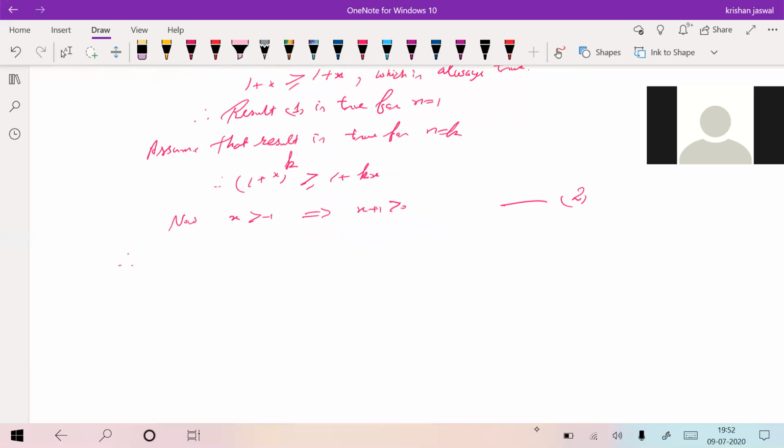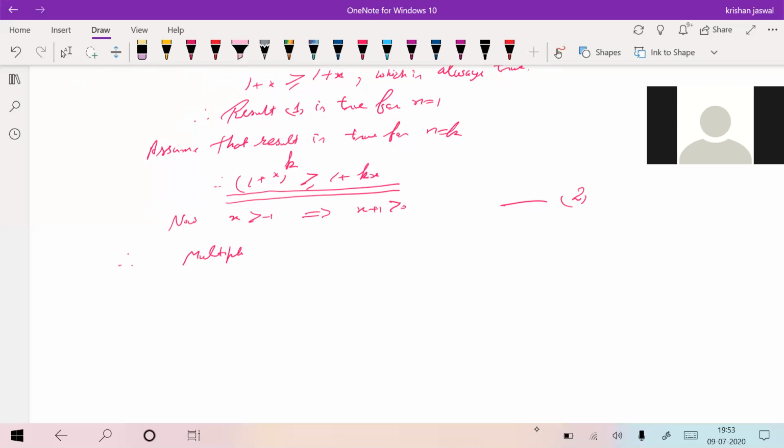Therefore, multiply both sides of equation 2 by 1 plus x to make k plus 1. What changes will there be to write the next term, k plus 1?